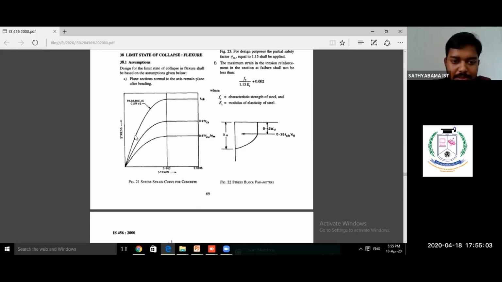So it is slowly increasing in the form of a parabolic curve. And after a strain value of 0.002, the strain will increase with uniform stress. Stress will not increase, stress will be constant. And when that stress is sustained for more time, then the strain may increase like this.